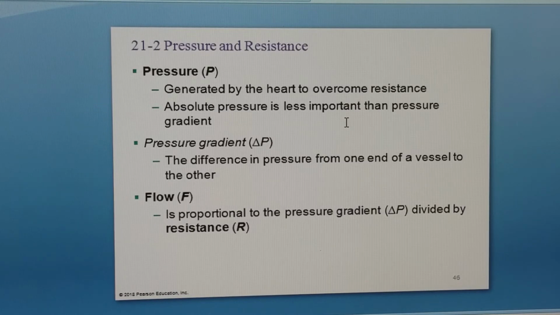Absolute pressure is less important than pressure gradient. The pressure gradient is the difference in pressure from one end of the vessel to the other, because we have vessels that are short and vessels that are long. And then flow is proportional to the pressure gradient divided by the resistance.